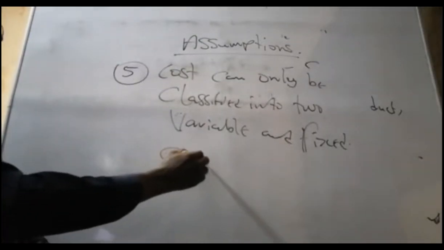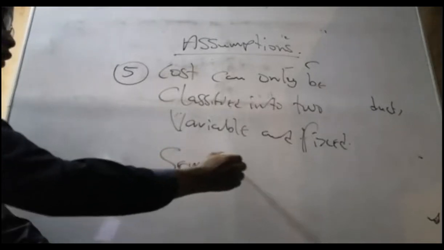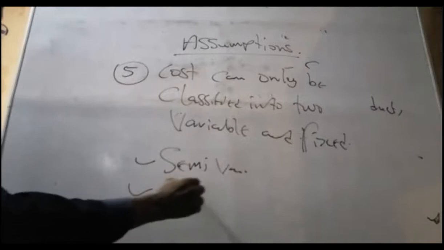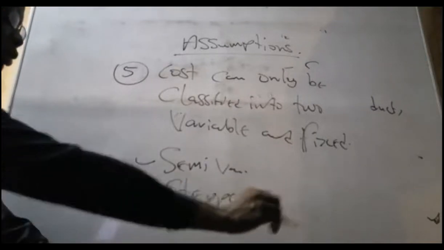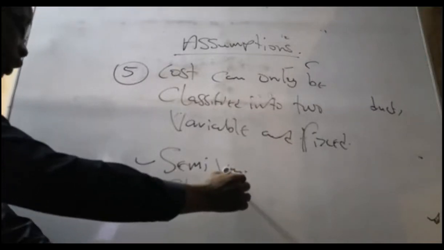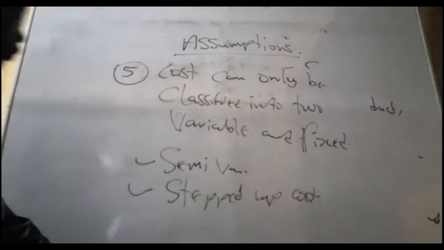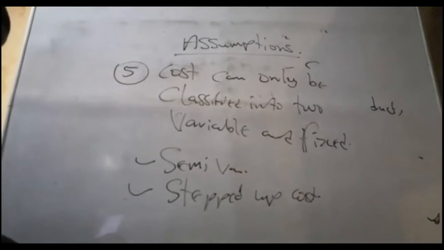This assumption is not always the case. Some of the costs are what? Semi-variable. Some of the costs are also what? Step-up. So step-up cost. You should take notes. In reality, it's not true.